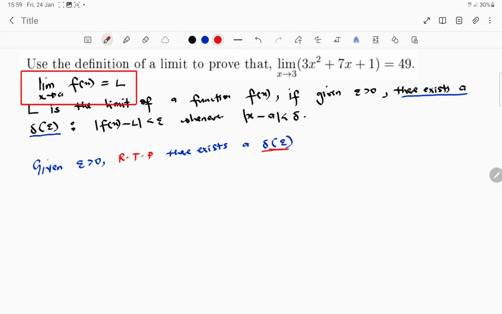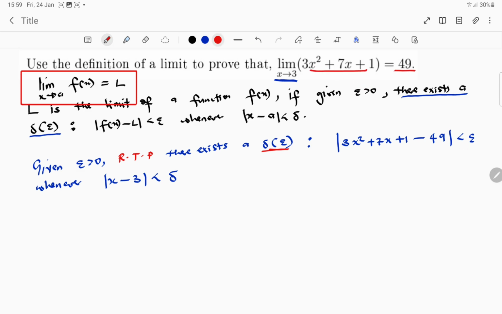So this is what we are required to prove, such that |3x squared plus 7x plus 1 minus 49| is less than epsilon, f of x minus L, minus 49, whenever |x - 3| is less than delta. So it's the distance between 3x squared plus 7x plus 1 and 49 that is less than epsilon, and the distance between x and 3 is less than delta.